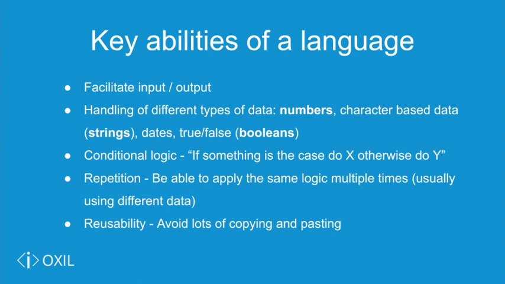And then there are, I would say, three real cornerstones of coding or writing programs. The most important is an ability to support what we call conditional logic. Those of you that remember from school days the obsession with drawing flowcharts in different subjects, and also tree diagrams, that kind of thing.